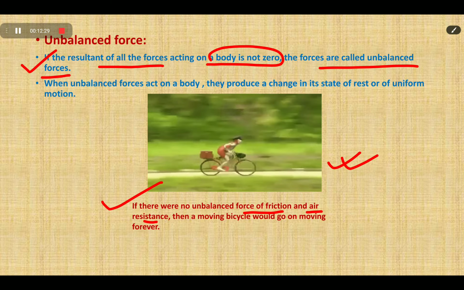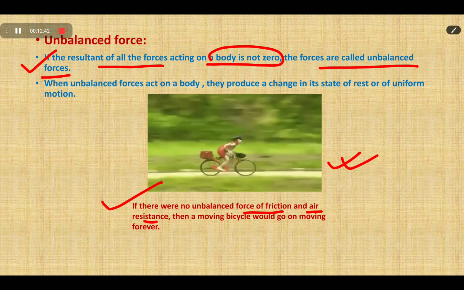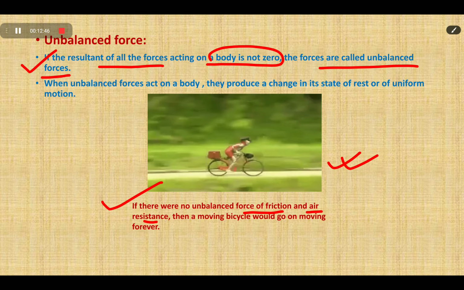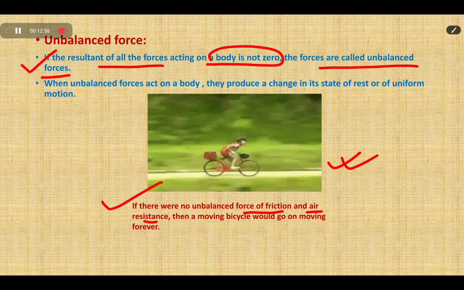As you can see in the image, there is a bicycle being ridden, and when we stop paddling the moving bicycle, it simply slows down and finally comes to a stop. This slowing down is only due to the unbalanced force, and that unbalanced force is the force of friction.